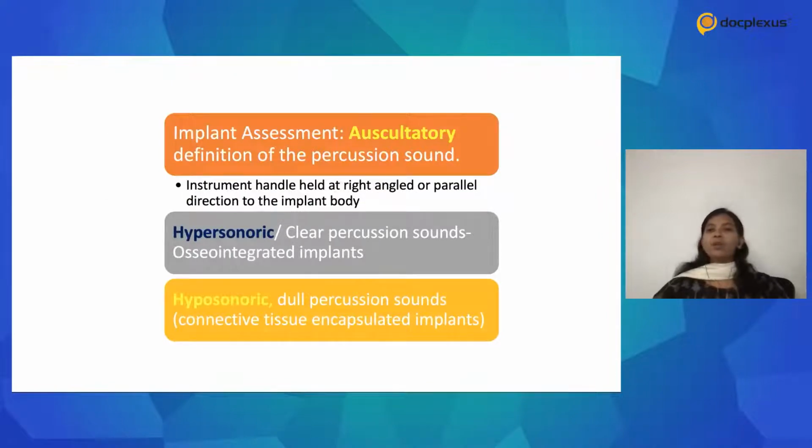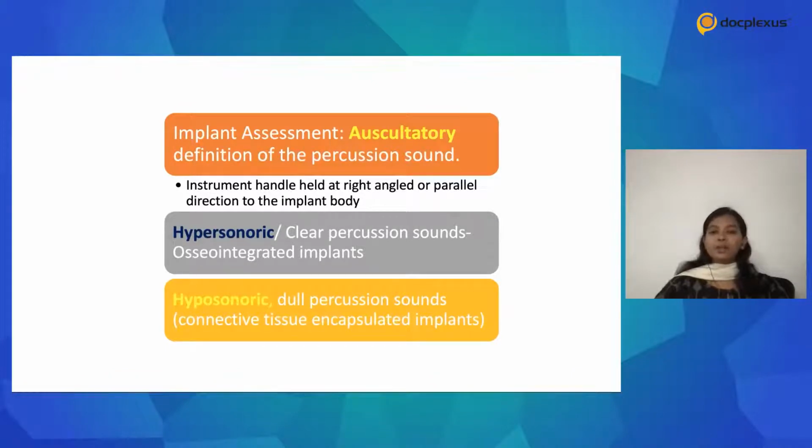Next important thing is auscultation. So when you auscultate, there is a percussion sound which you will be able to hear. If this percussion sound is hypersonoric, then the osseointegrated implants are good.